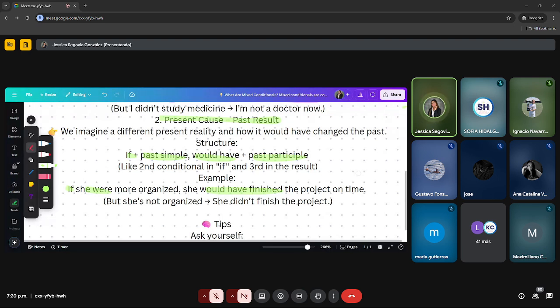Entonces, coming back to the example, if she were past simple, more organized, she would have finished, and here we have the would have plus past participle structure y el resto de la información, ¿verdad? She would have finished the project on time. Do you guys have any question about the second type of mixed conditional, which is present situation with a past result?